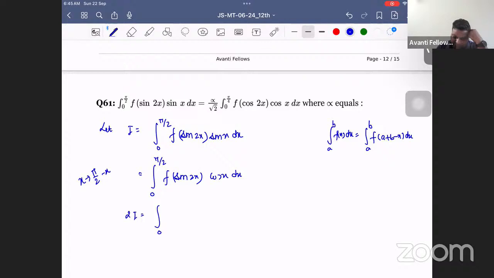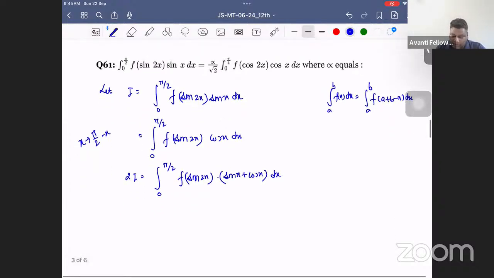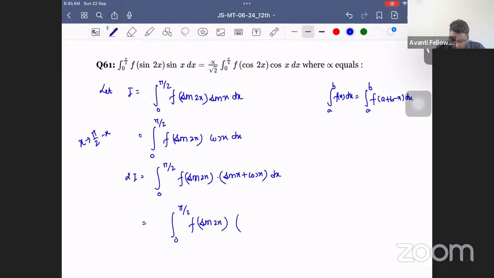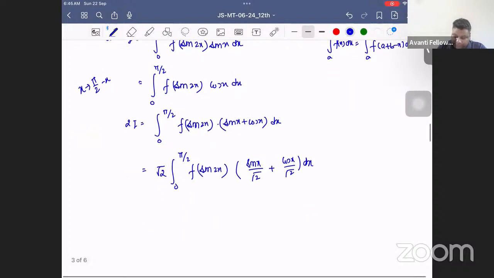So 2I will be equal to integration 0 to pi by 2 f of sine 2x into sin x plus cos x dx. Got it? Now let's do one thing. Let us write it as sin x upon root 2 plus cos x upon root 2 dx multiplied by under root 2.